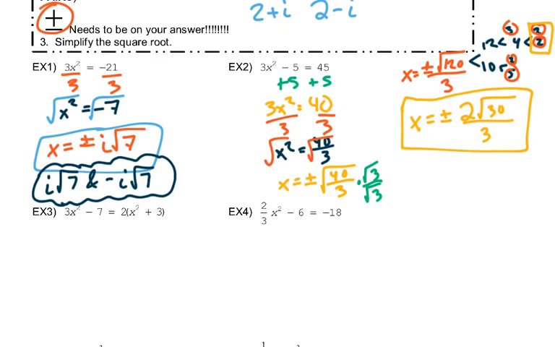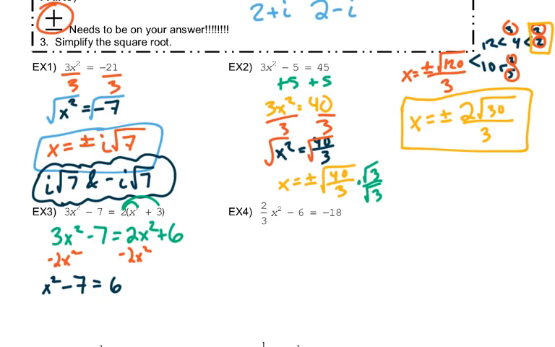This next one is a little bit of a thinker. If we want to isolate our x squared, I feel like we need to distribute that 2 on the right side. So we'll get 3x squared minus 7, and then 2x squared plus 6. If I want all my x's on one side and all my numbers on the other side, I would need to subtract the 2x squared. That way we get just x squared minus 7 equals 6.